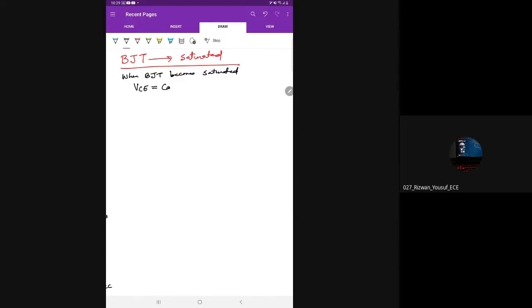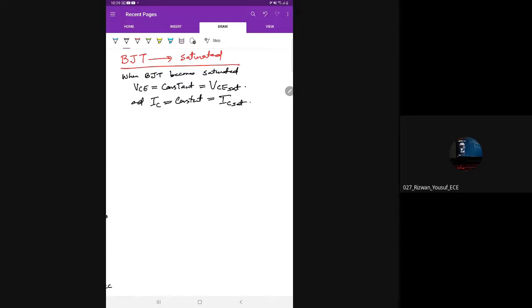VCE is constant now. We cannot change it. And how much is it equal to? It is equal to VCE saturation. Although its value is small, it is constant now. And IC is also constant. And what is the value of IC? The value of IC is now IC saturation.